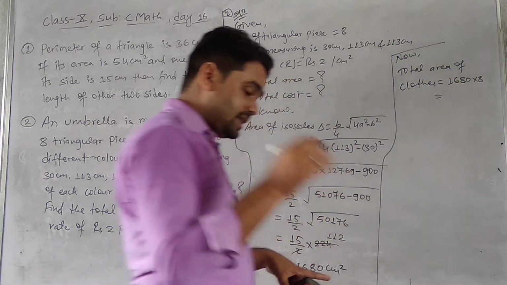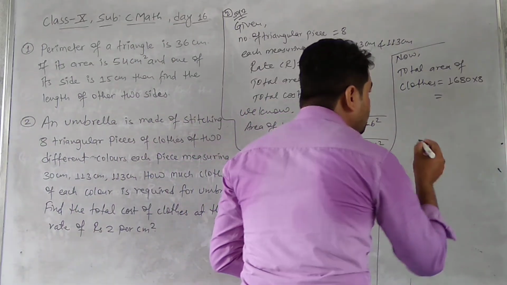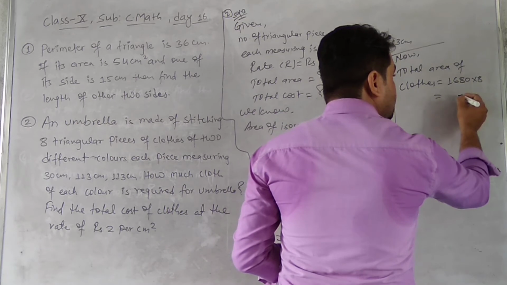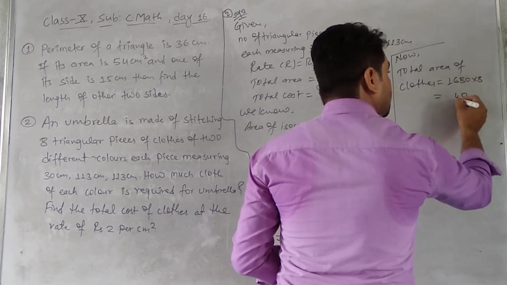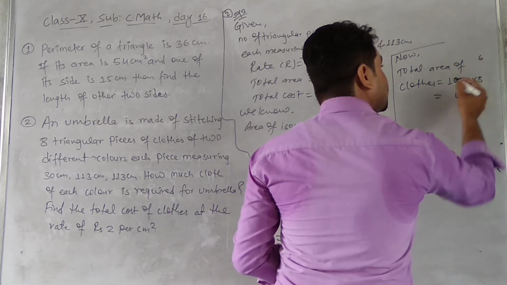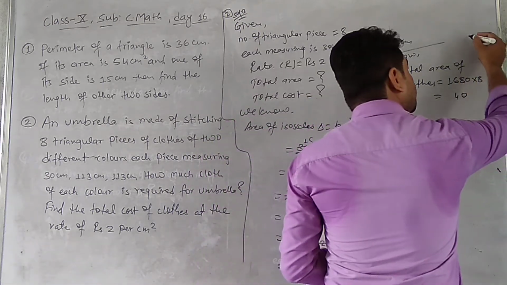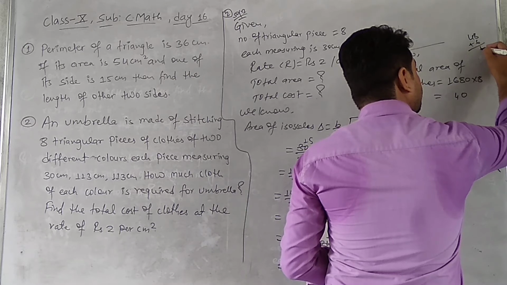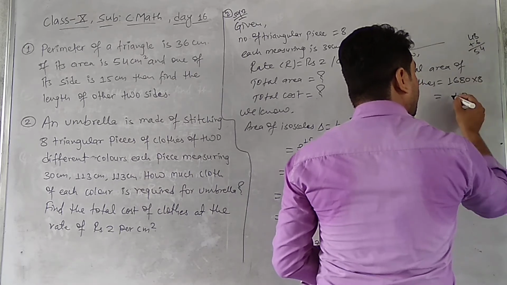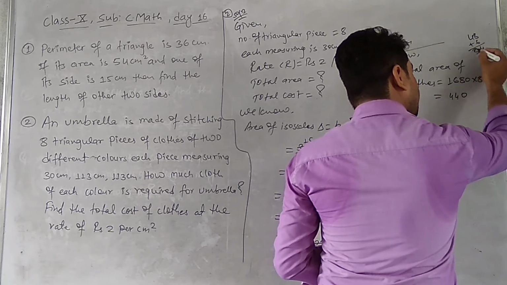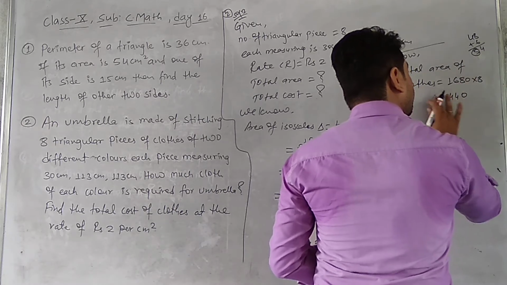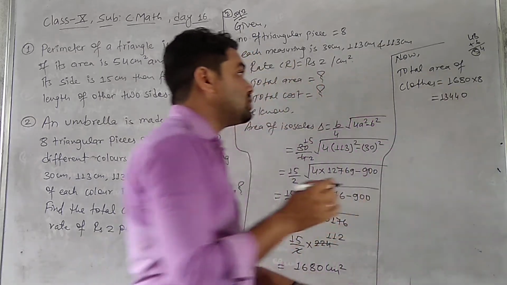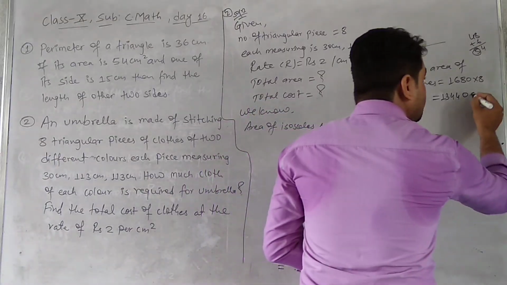When we multiply this, 8 0s are 0, 8 8s are 64, 4 carry 6, 8 6s are 48, 48 plus 6 is 54, 4 carry 5, and 8 1s are 8, 8 plus 5, we get 13, that is 13,440 cm square.